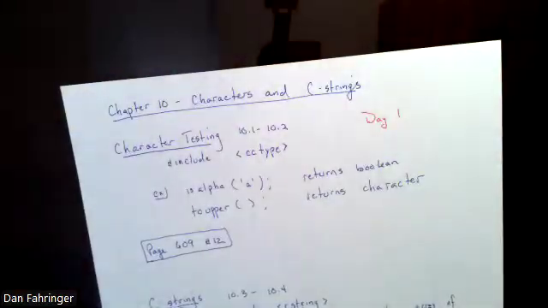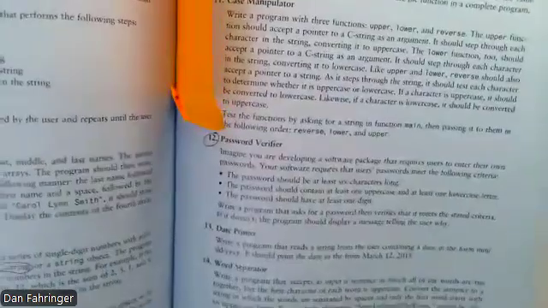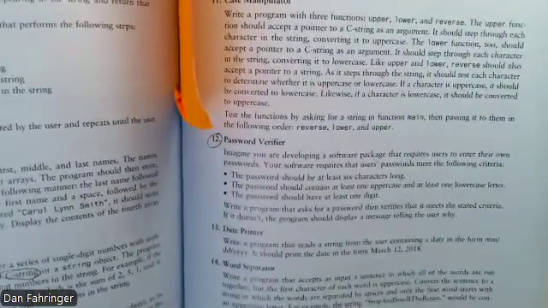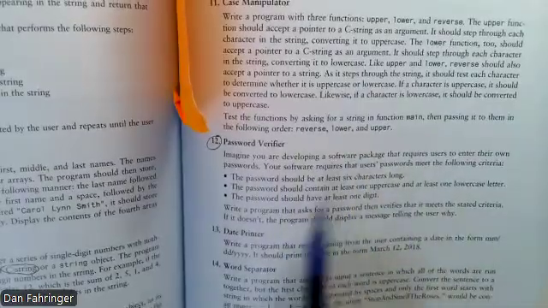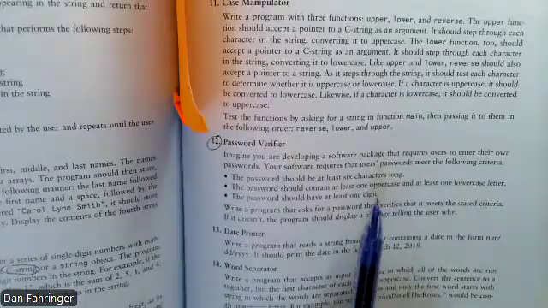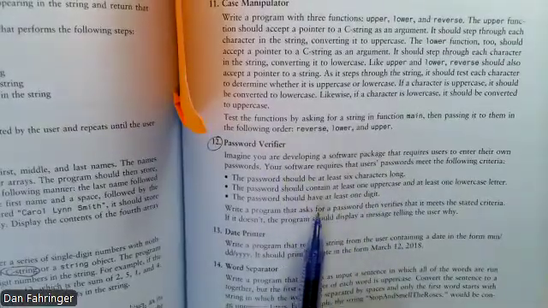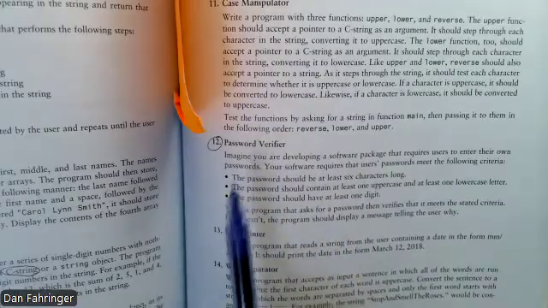Okay, and then there was a program, number 12, that would have been a good one. If we would have met last week, we would have covered this. And you would be bringing in and going through one character at a time and checking it. You probably could have read this in a lot of different ways, but that would have been a nice little password checker.